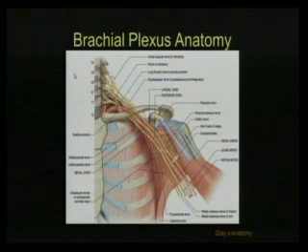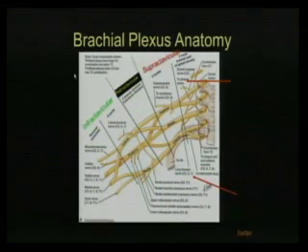So you have that supraclavicular part, the retroclavicular part, and then the infraclavicular part, and you can see how these parts of the brachial plexus orient to structures like the clavicle, the scalene muscles, and the arteries and veins. So I like this image better than the other one, and kind of bringing those concepts into this image, we'll keep going with that.